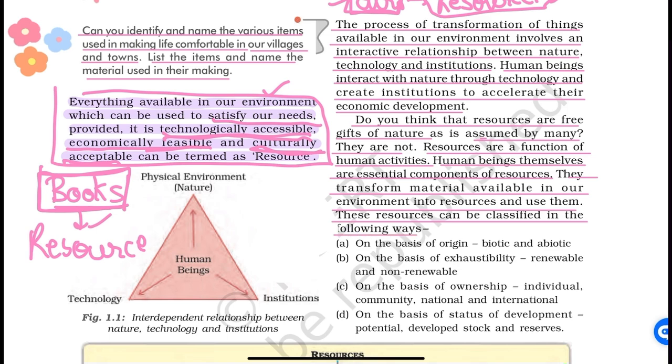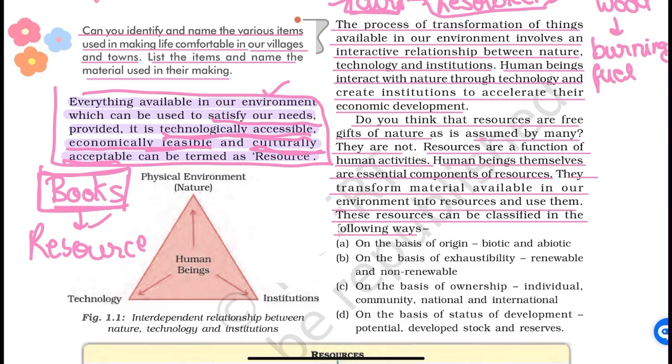So what is written here is that wood. Wood in its normal form does not have much use. It's only used for burning or as a fuel in rural areas.